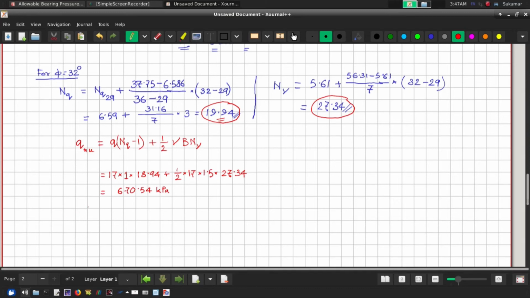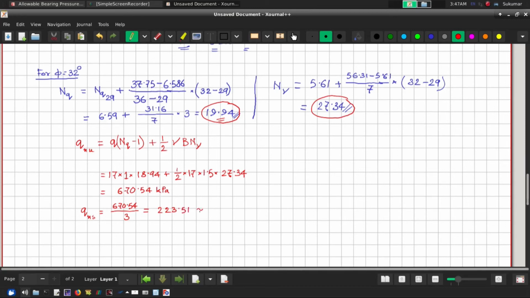Okay, and therefore my net safe bearing capacity, if I use a factor of safety of 3, will be 670.54 by 3, which is 223.51.